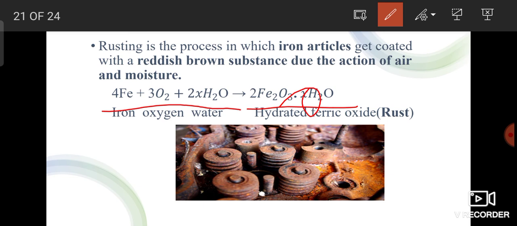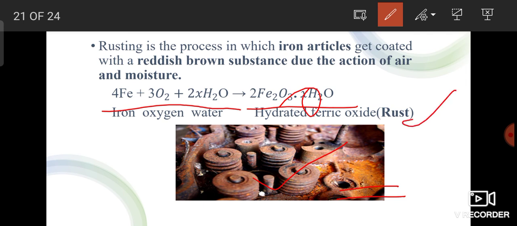Okay, and this is how a metal surface looks like, or you can say iron looks like if it is getting rusted. This is the reddish brown porous mass which forms, and rusting is regarded as a wasteful process because once a layer of iron is exposed to moisture and air, it gets converted into what?